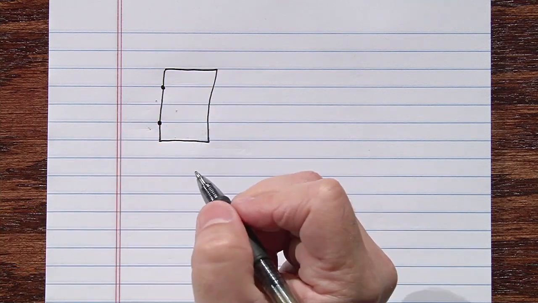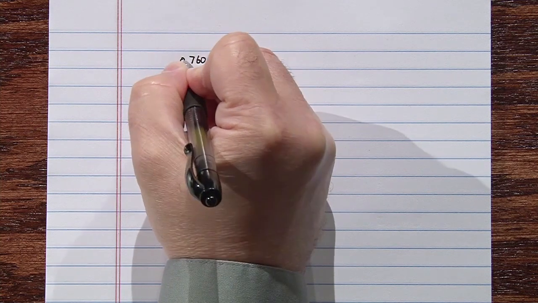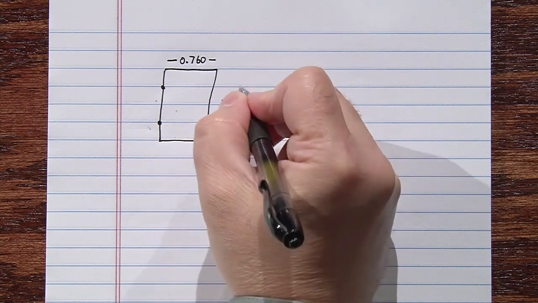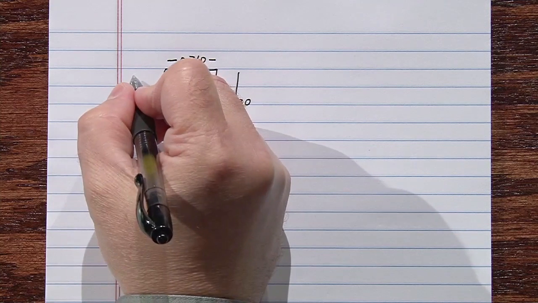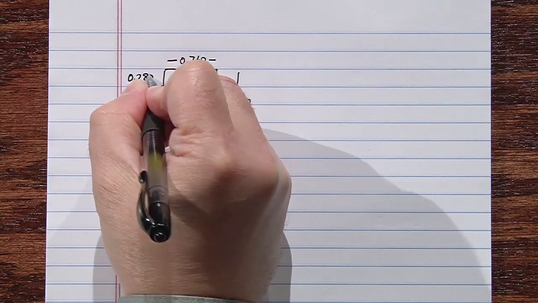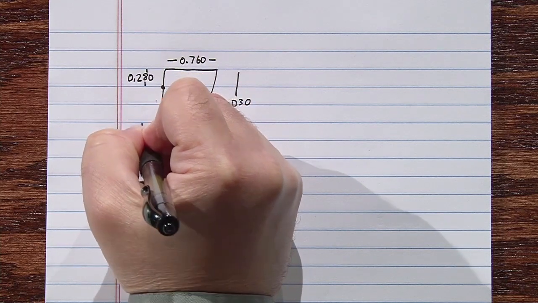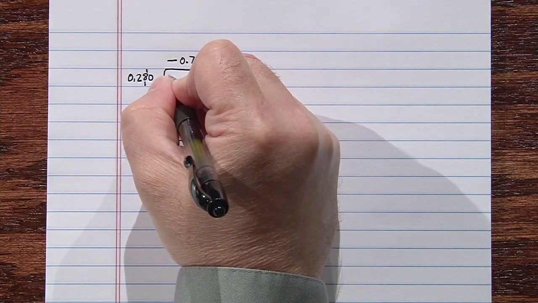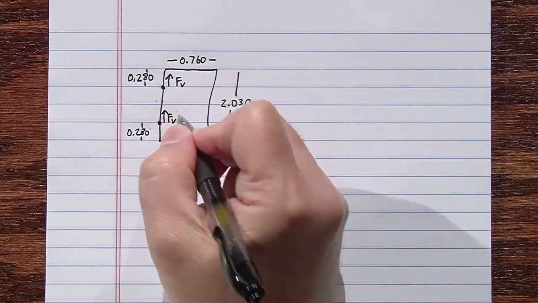Now our door is 0.760 meters wide and 2.030 meters high, and each hinge is 0.280 meters from the top and the bottom respectively, and we're told that each of the hinges exerts a vertical force and those are the same, so I'll write FV and FV, and it'll be the same FV.